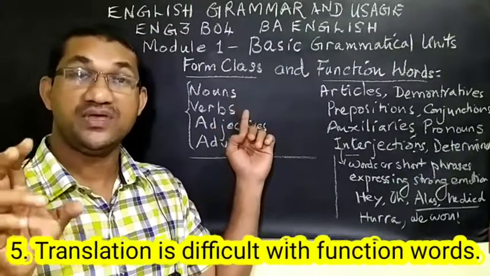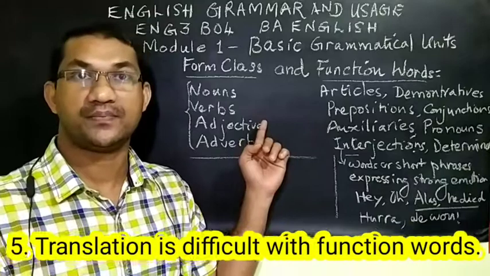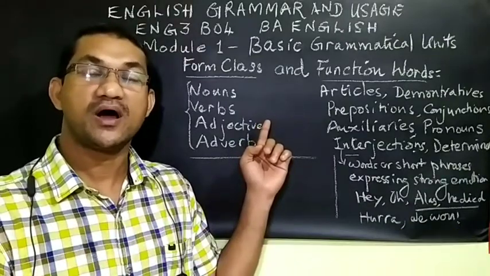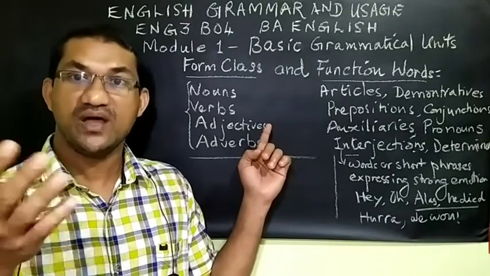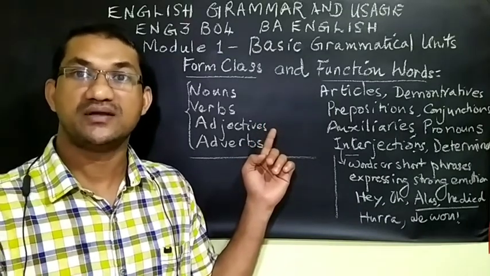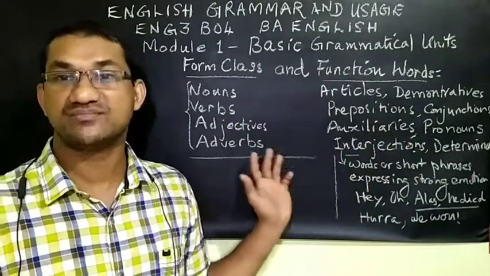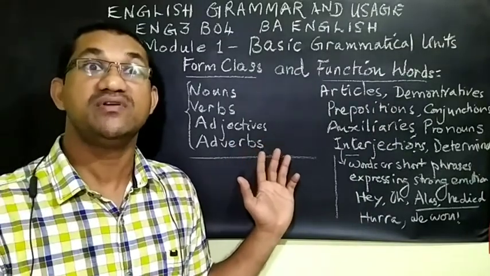A noun is the name of a person, place, thing or an idea. And of course we have proper nouns, common nouns, collective nouns and abstract nouns. So we have a very detailed definition and description of all these terms in the course book pages 14, 15 and 16, and we have to learn that.